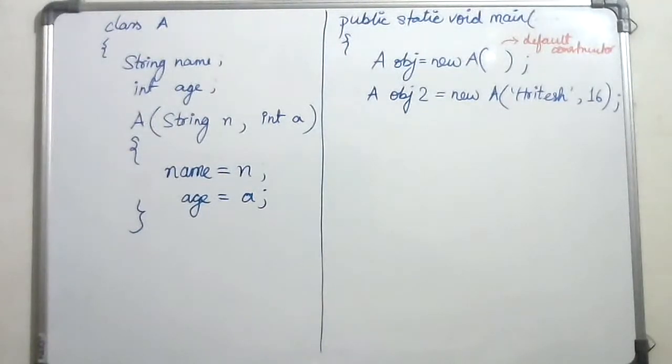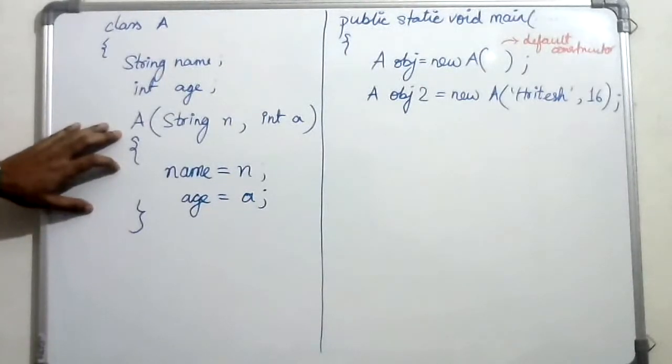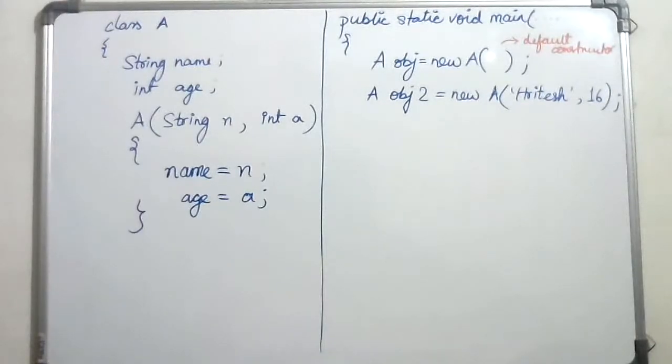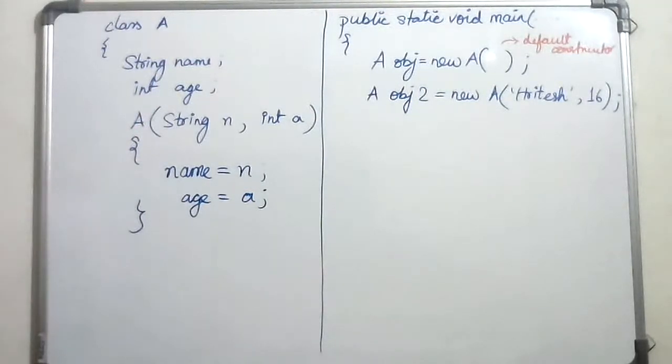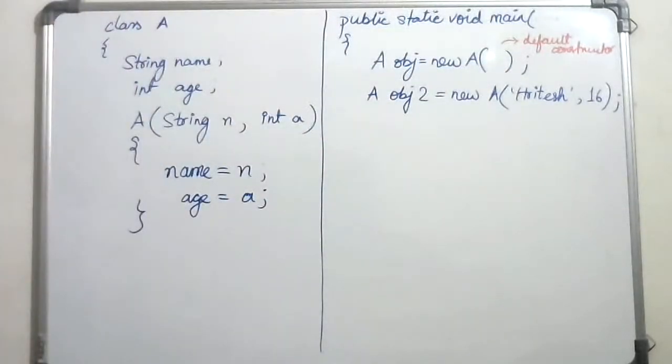So even though you write a parameterized constructor, the compiler always provides a default constructor if it is not written by you. That's a point to remember. For cases when you do not pass any arguments, the compiler will always provide a default constructor.